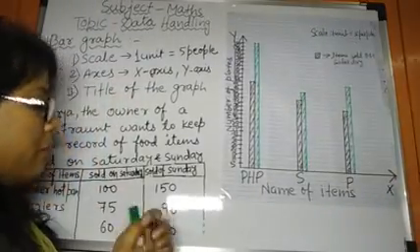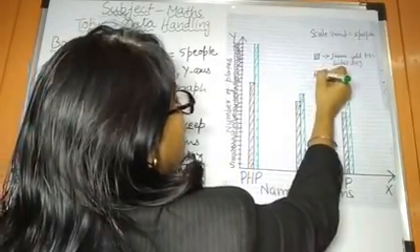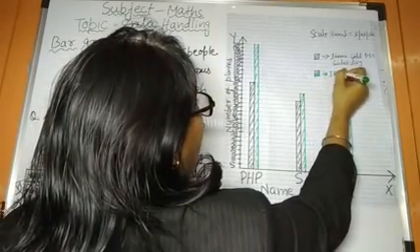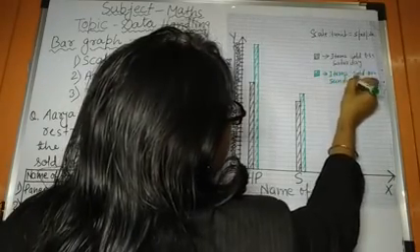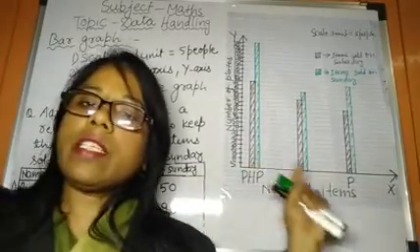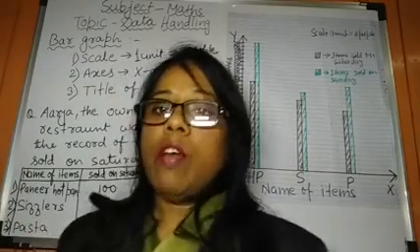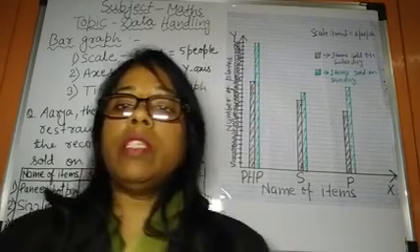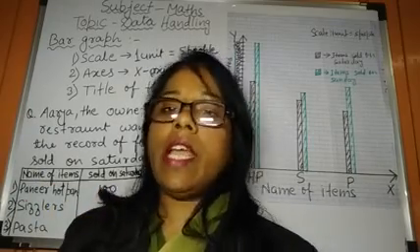And we'll make one green box, items sold on Sunday. It is very important to mention, otherwise how will anyone understand which bar graph is for which day. Fine. So by using this double bar graph, you can easily compare data.